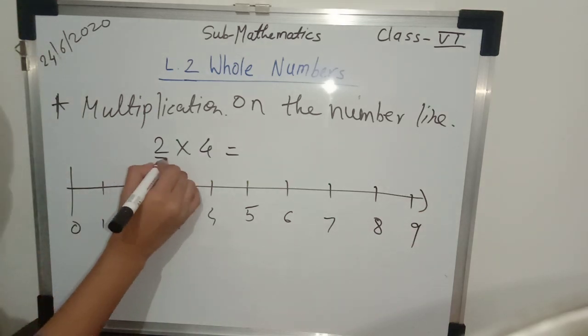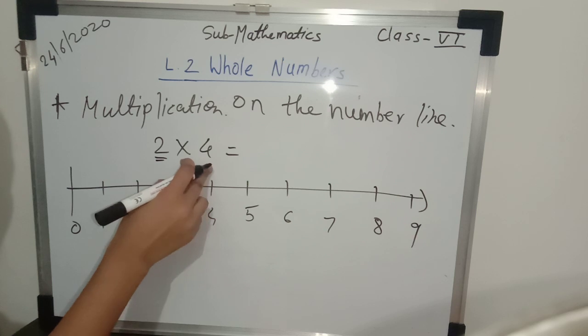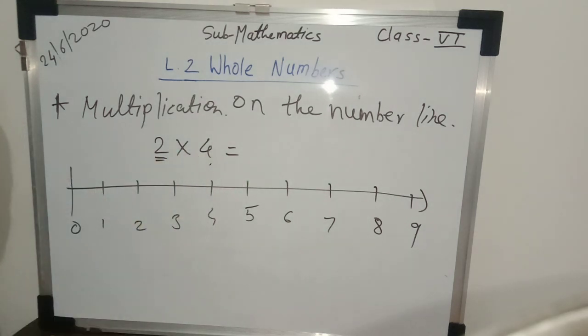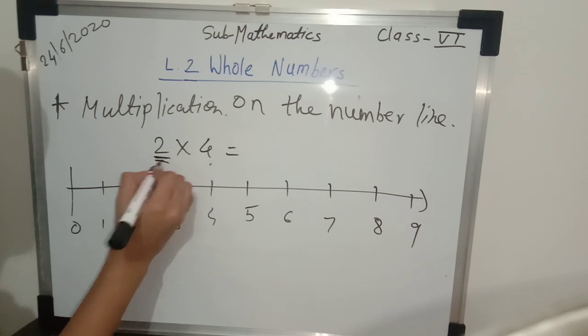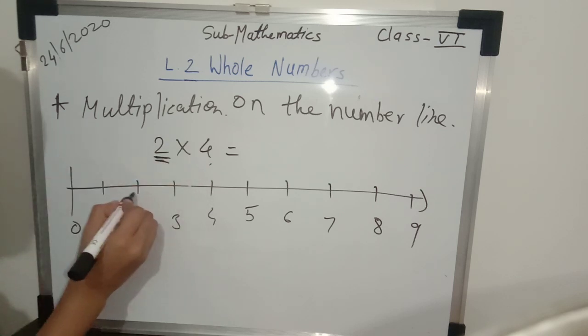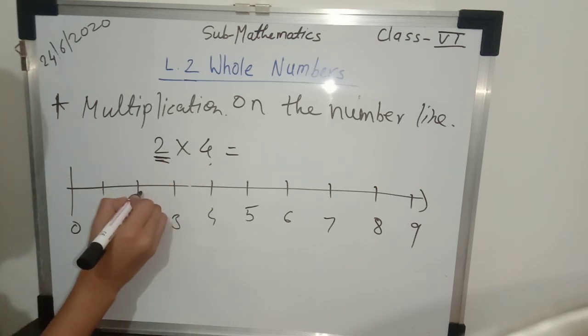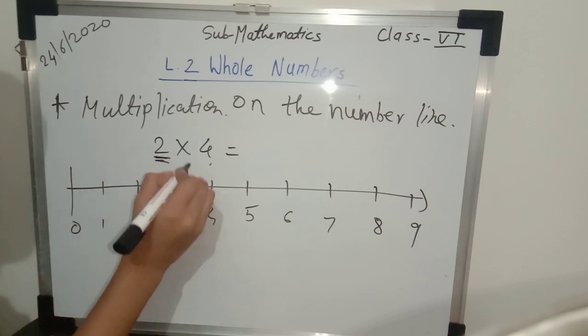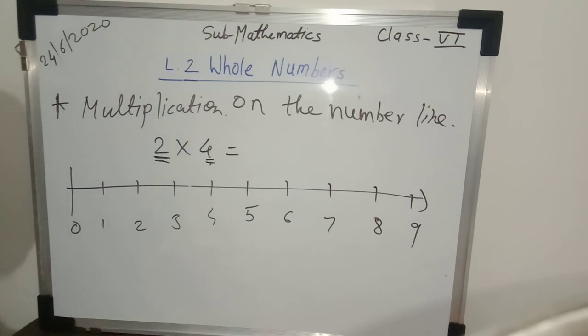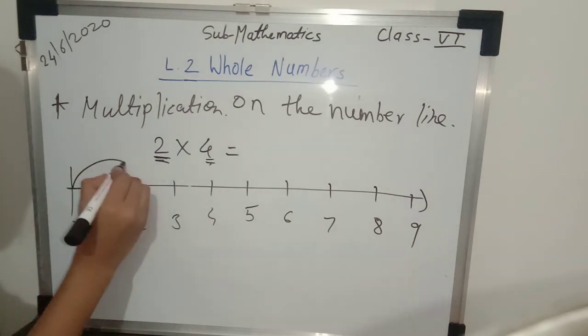Now we have to multiply the 4 with the 2. Each jump we should go 2 steps ahead. So one jump 2 steps, one jump 2 steps. How many jumps do we have to do? 4 times.